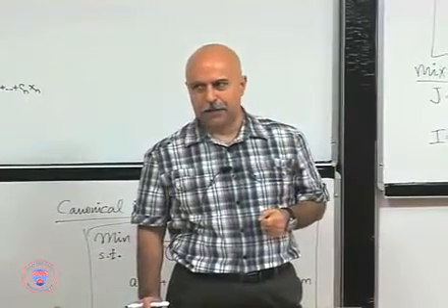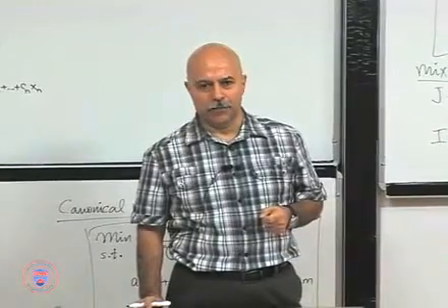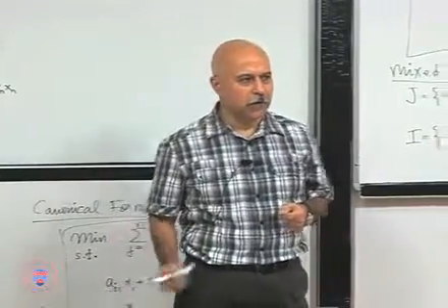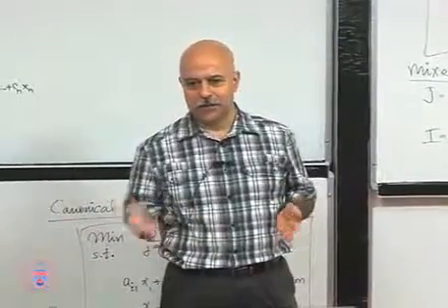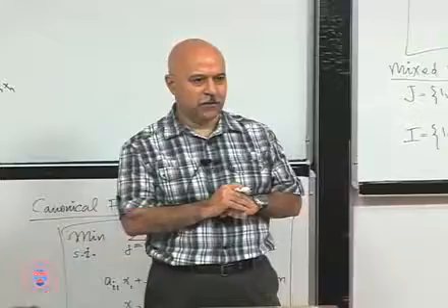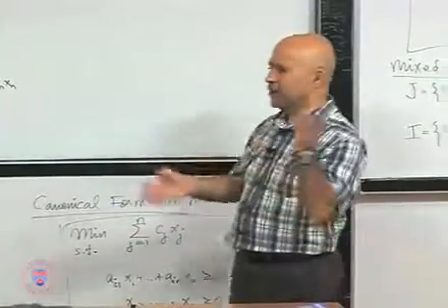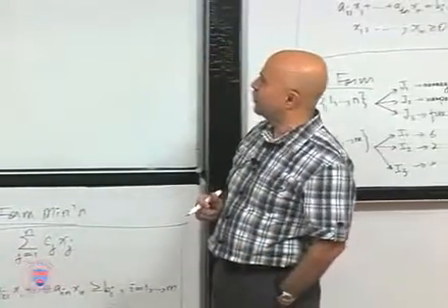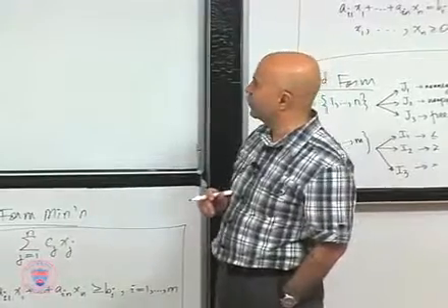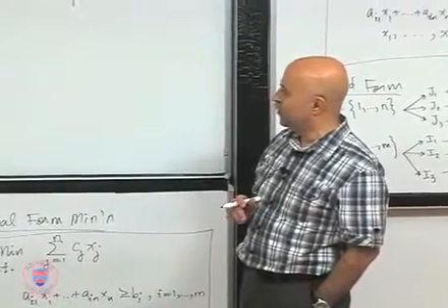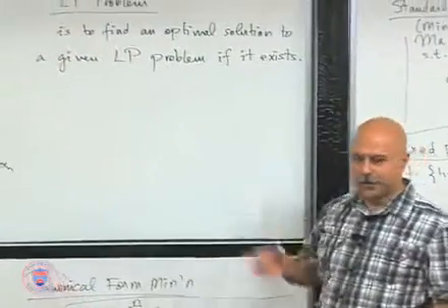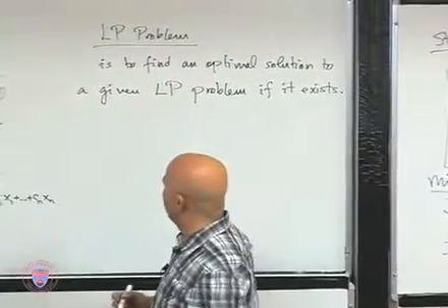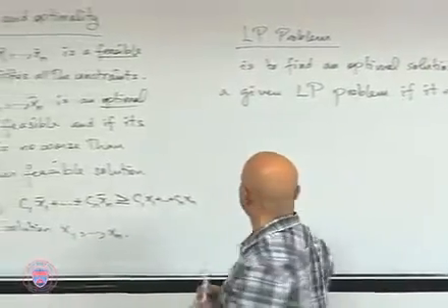In that case, the problem is called an unbounded linear programming problem because the objective value gets better and better. For a maximization, it gets larger and larger in objective value. These are technical terminology. Nevertheless, it's good for you to get familiar with these at this stage as well. We'll go into these later on also.